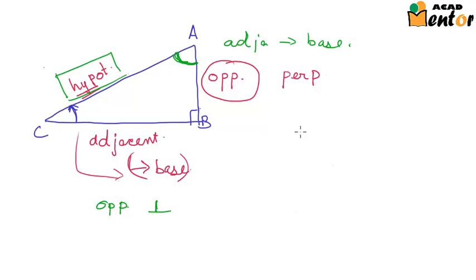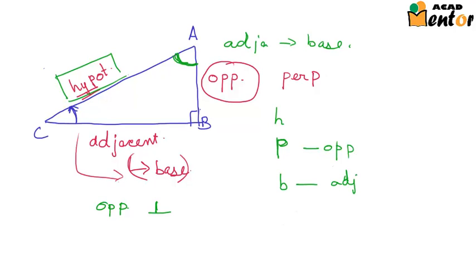For our ease, I'll denote hypotenuse by H, perpendicular by P and base by B. Always remember, perpendicular is the opposite side and base is the adjacent side. Also, the trigonometric ratios are always related to an angle and have no meaning if the angle is not specified, which is why we understood the perpendicular and base depending on what angle we are talking about.